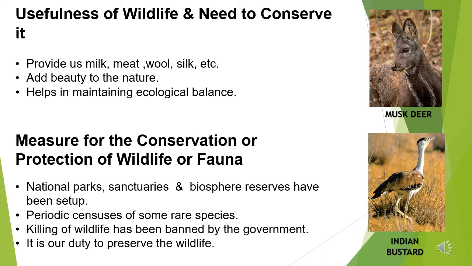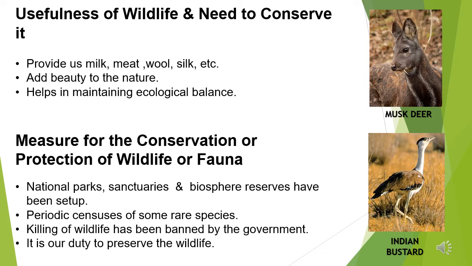India has a very rich variety of wildlife which consists of fish, birds and animals including amphibians, that is, animals living on both land and water. We have reptiles, mammals, we have a diversified variety of wildlife in India.